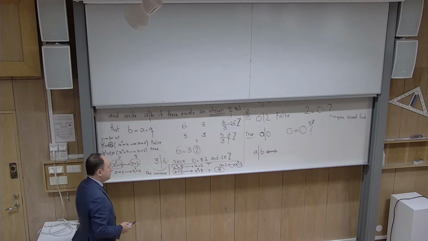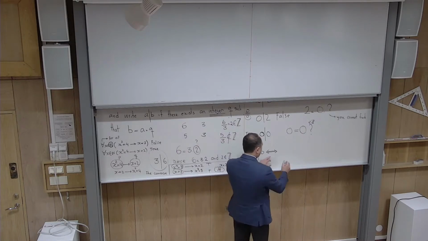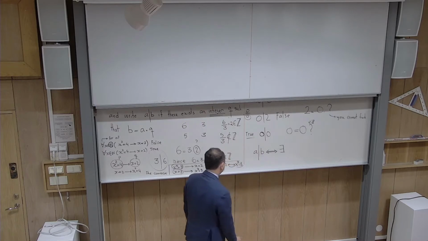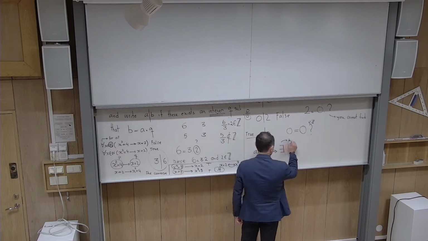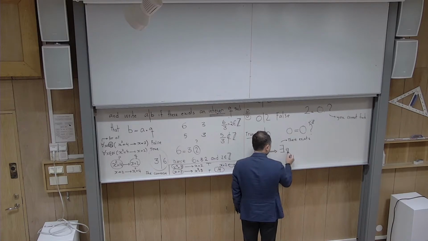Okay, so A divides B if and only if there exists, this reversed form of the letter E means there exists, a Q, but where?